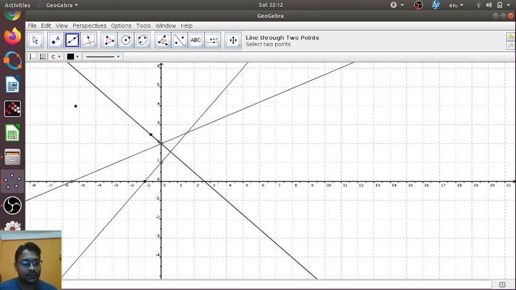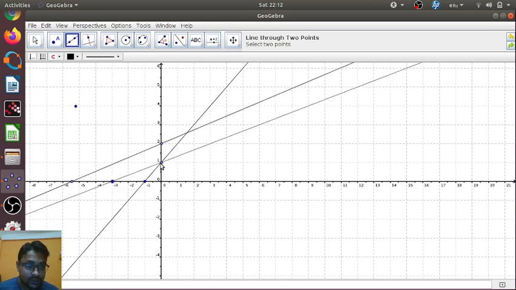And another line is the cost line. The cost line is minus 1 and 3. Did I draw it from minus 1, minus 2, minus 3, minus 4, minus 5, minus 6?